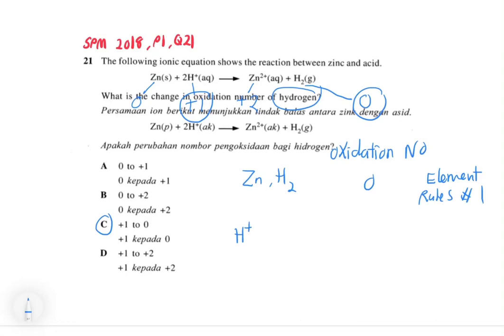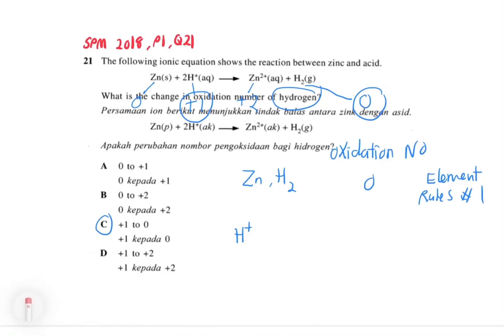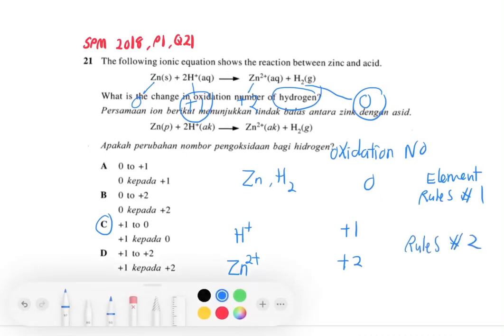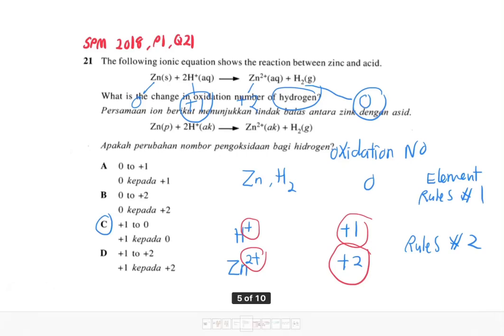For H+ and Zn2+, the oxidation number equals its charge, where H is +1 and zinc is +2, and this is rule number 2, where the charge will be the oxidation number.